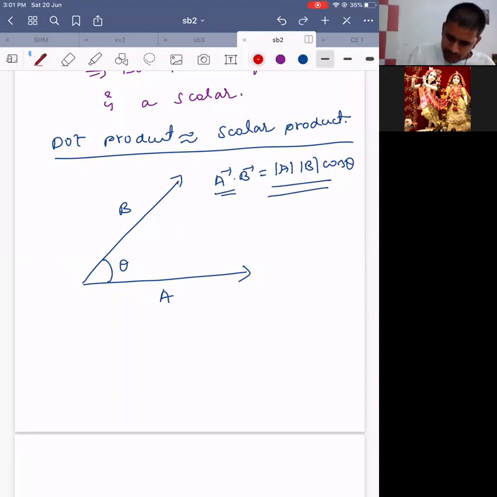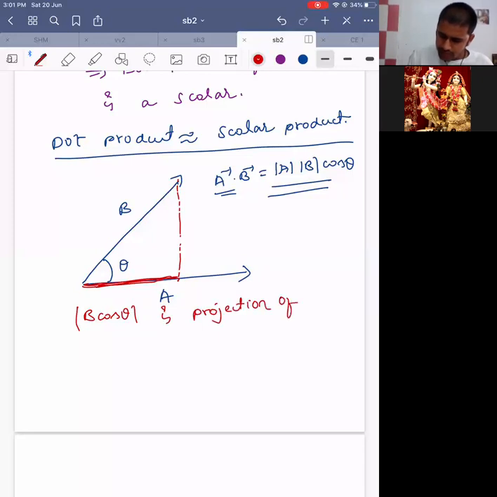If we project b, this is how b cos theta is called the projection of b vector on a vector. So this is equal to b cos theta, right?